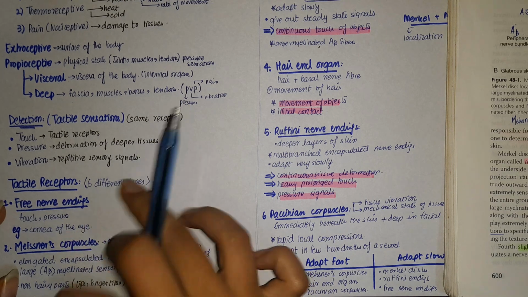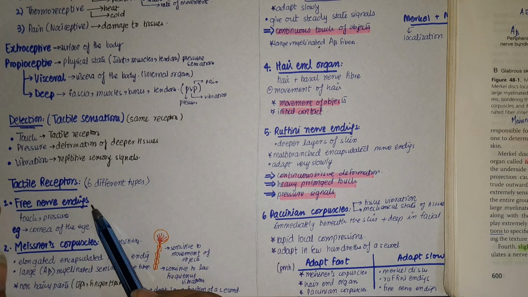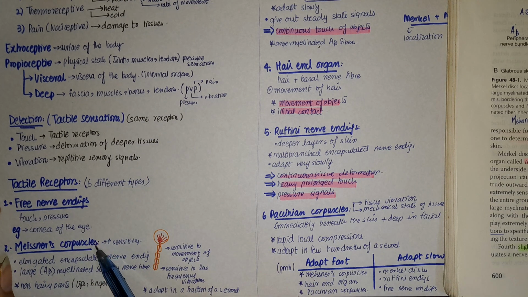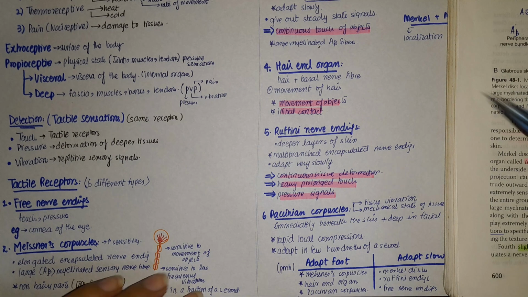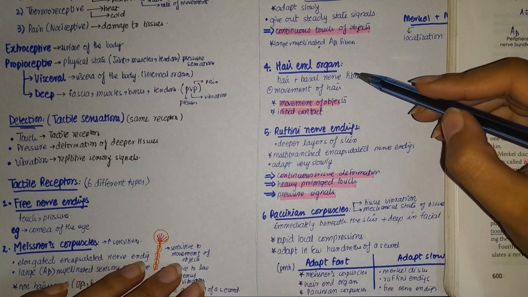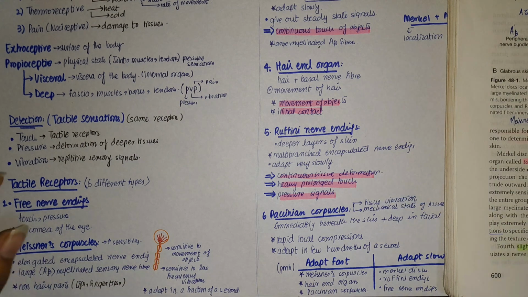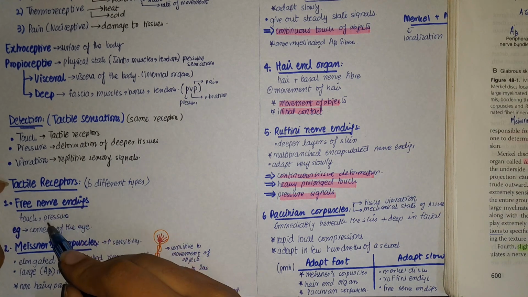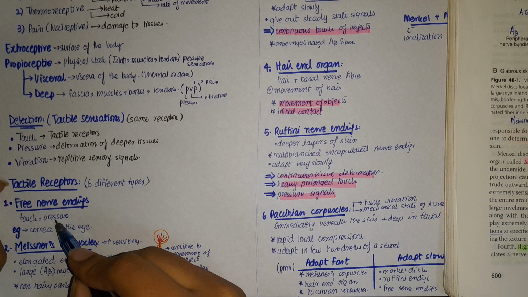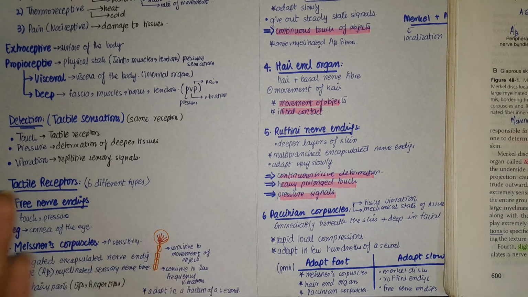So out of the 6 receptors, we have free nerve endings, Meissner corpuscle, Merkel disc, hair organs, Ruffini nerve endings, and Pacinian corpuscles. First of all, we are going to discuss the free nerve endings. They detect touch and pressure sensations. For example, they are present in the cornea of the eye.